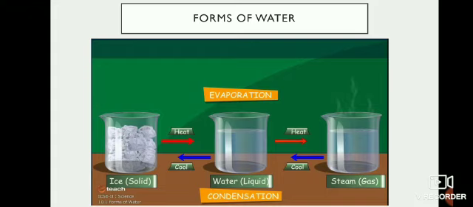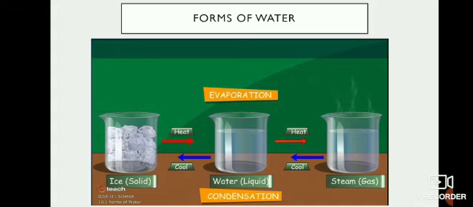We call the solid form of water ice. Snow occurs naturally. Children, can we convert water into ice? How can you convert water into ice? Water on cooling becomes ice. Everyone knows. Next we see the next form of water, that is liquid form.